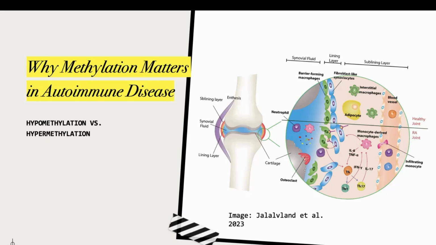And what then happens is that those cells, these fibroblast-like synoviocytes, actually create cytokines and chemokines that recruit and activate immune cells, including all of the ones that are involved in a normal immune response and an autoimmune response.